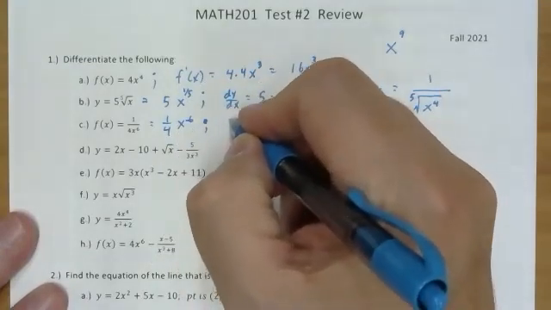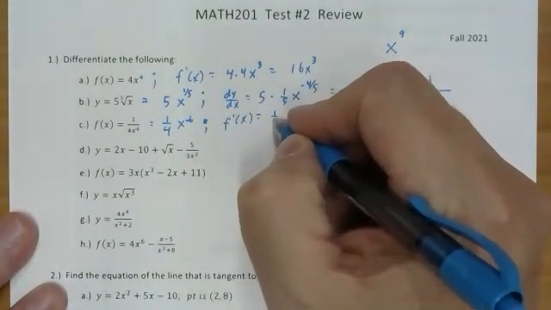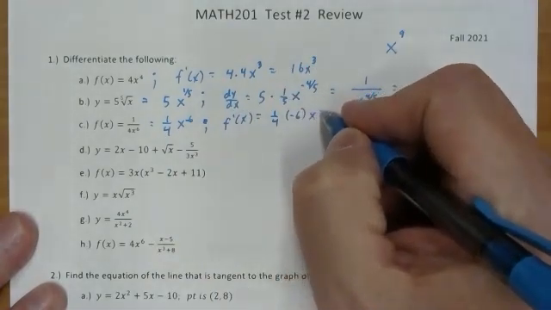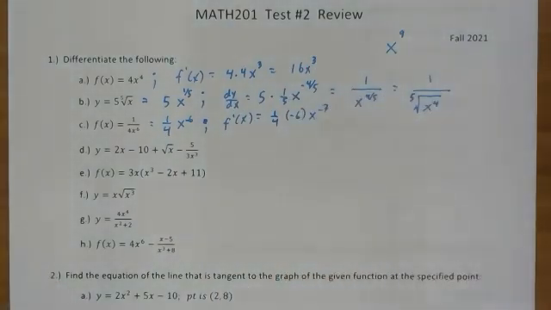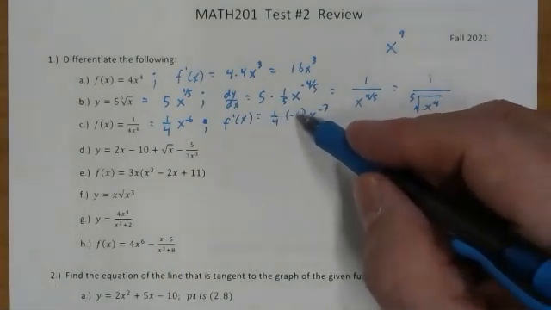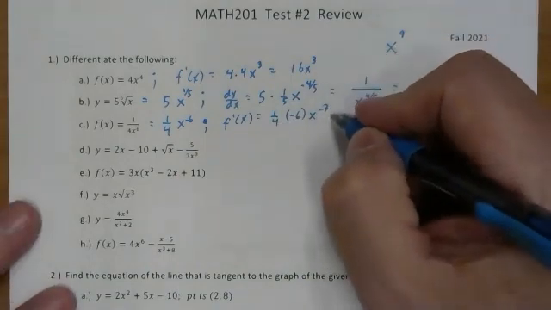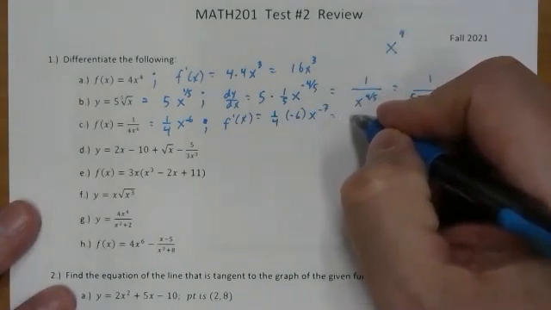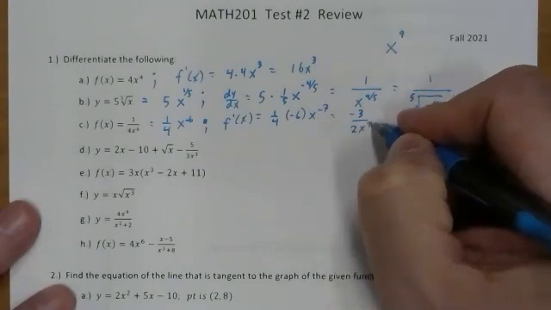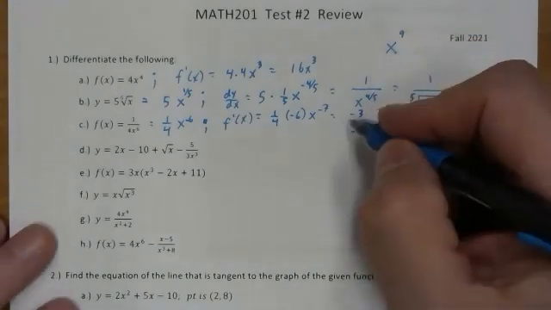So the derivative, 1/4 is the coefficient, minus 6x to the -7th. -6 times 1/4 is -6/4, which is -3/2. I'll move this x to the bottom. Should be -3 over 2x to the 7th.